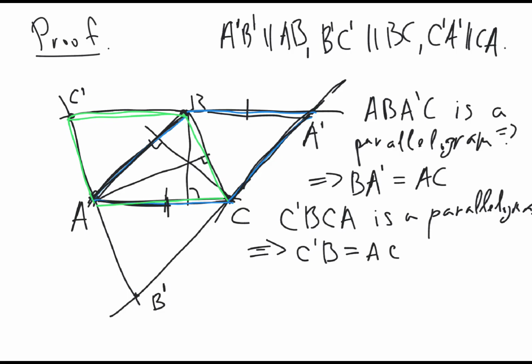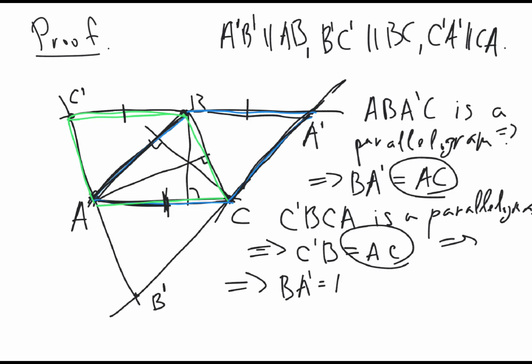AC is a common side in these two equalities, so all three of these segments are equal to each other. We have BA prime equal to AC equal to C prime B, and in particular, we are interested in BA prime and C prime B. These two segments are equal to each other.